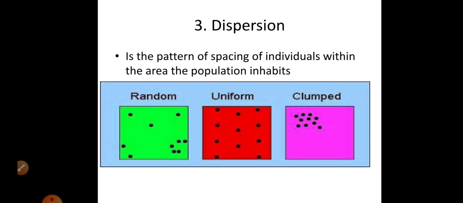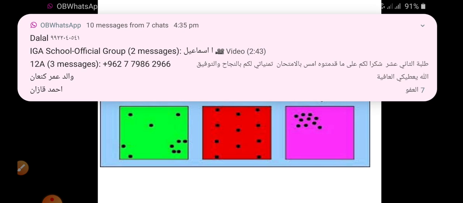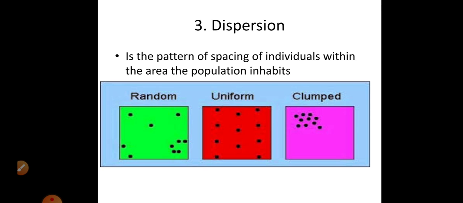Uniform means that you have a specific distance between one organism and the other one. Clumped means that all the population are spreading in the same area, they are clumping in the same area. So these are types of dispersion.